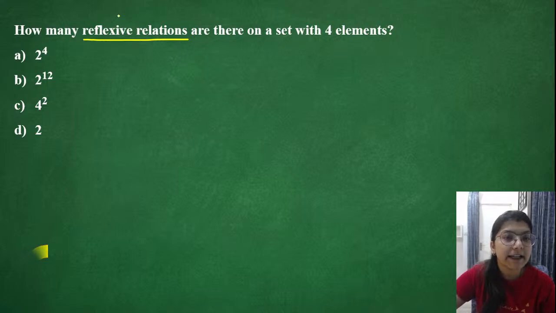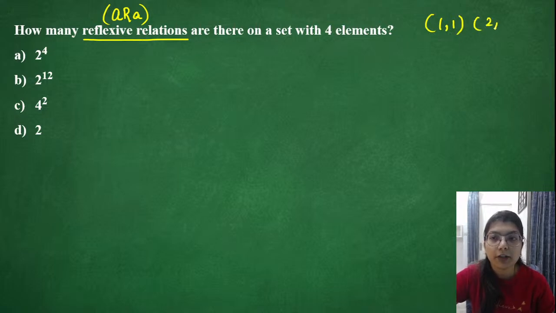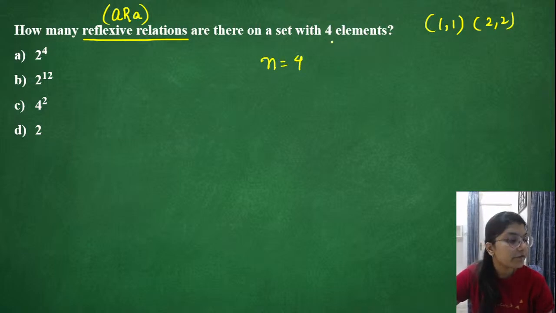See, what are reflexive relations? Reflexive relations are of the type where one element is related to itself. This is your reflexive relation, right? If I am having (1,1) or (2,2), this is your reflexive relation. Now let's say n is equal to 4, a set with 4 elements.